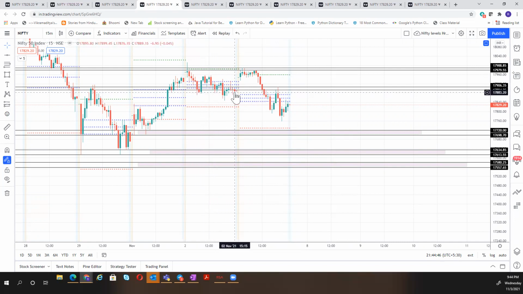If you see yesterday's price action, that is where the CPR is formed, so it should act as a support. However, strong buying can be seen only after 17,906. So you can keep it at the 17,895, 906 level, where you should think to go long and buy.